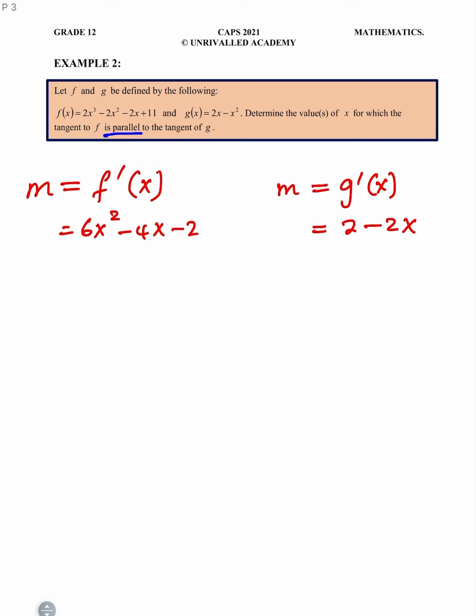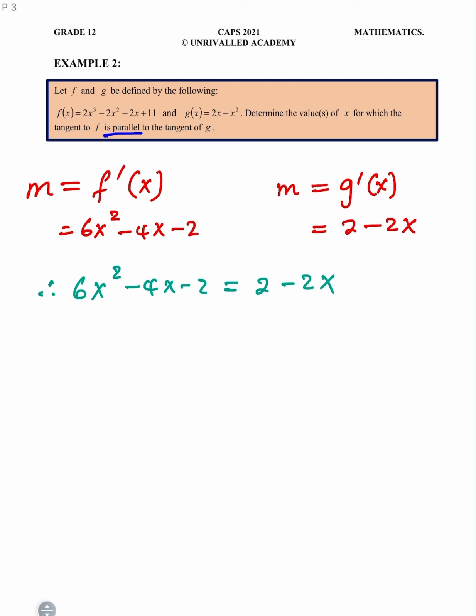So they have the same gradient, so their gradients are equal. I'm going to equate these gradients and solve. Therefore, 6x squared minus 4x minus 2 must be equal to 2 minus 2x, because the tangents are parallel to each other, so their gradients are equal.